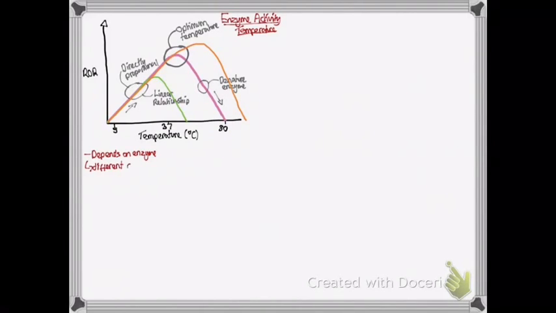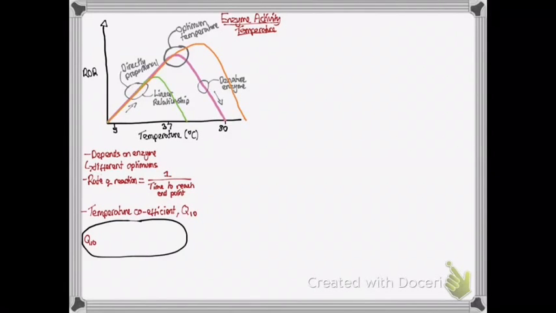If we look at Taq DNA polymerase, which I'll use as an example later, from the PCR reaction, this bacteria naturally occurs around volcanoes, and it's used to really high temperatures. So its optimum temperature in our PCR reaction is 72 degrees, which is absolutely huge.